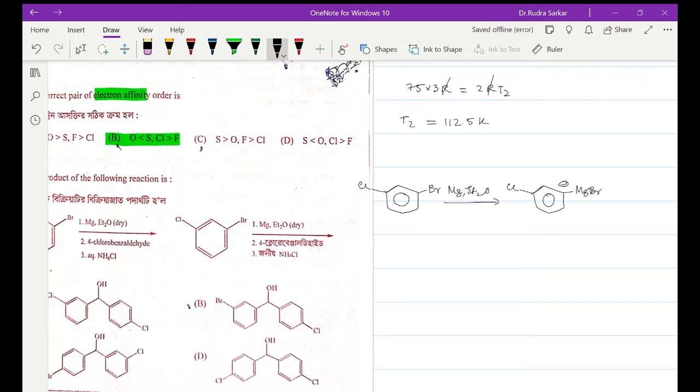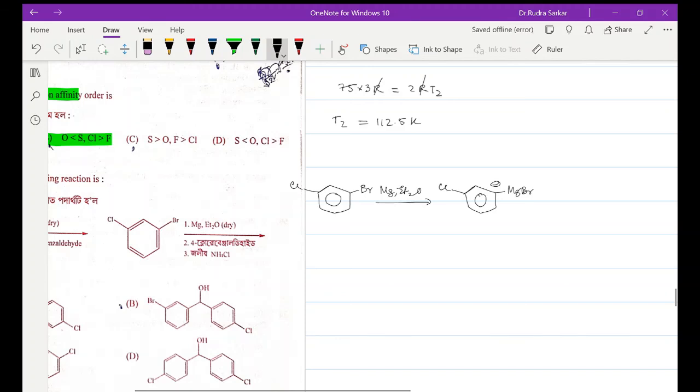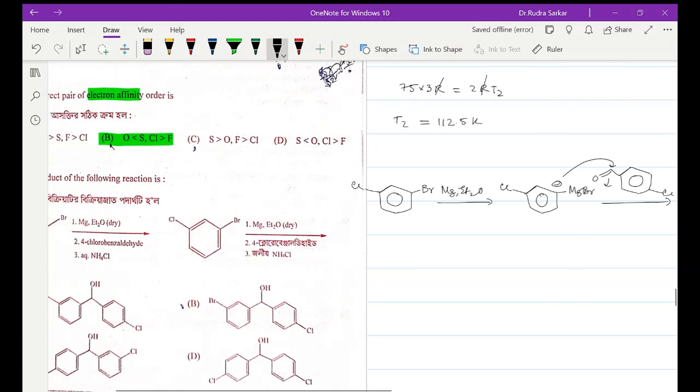So here is a minus charge over here. Now if you're using 4-chlorobenzaldehyde, right? Attack here, this will open up.